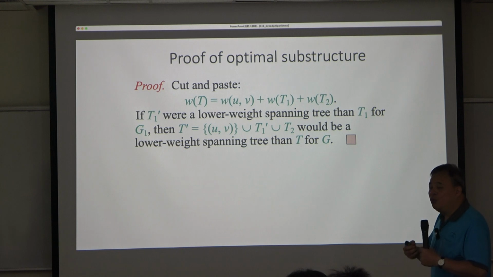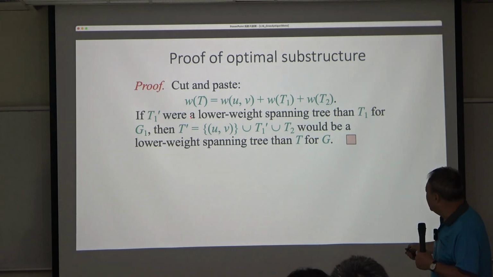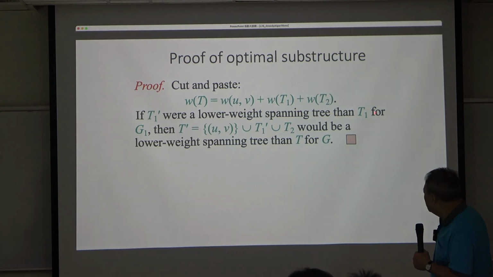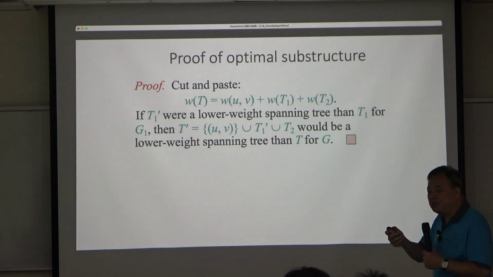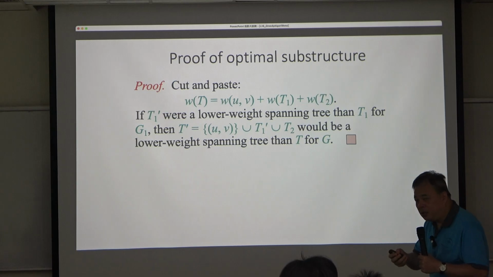We will not be able to find a lower weight spanning tree than T1 for G1. So T1 must be the MST for G1.